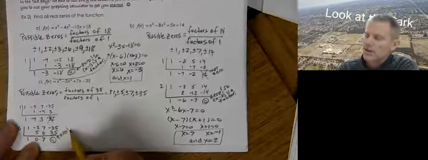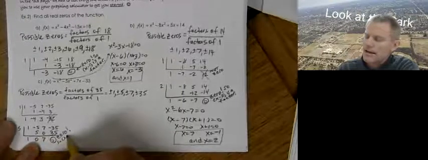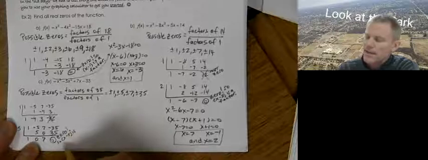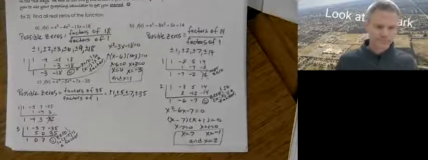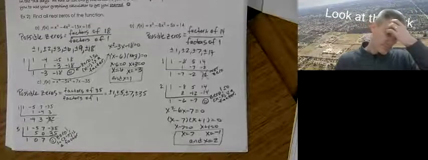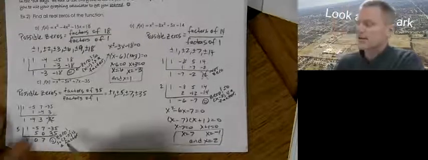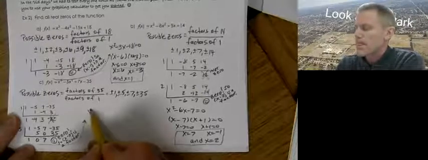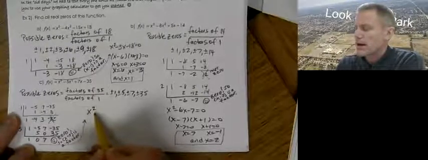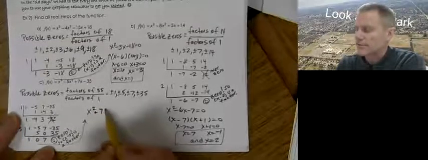So I have 0. So x minus 5 is a factor. If that's a factor, then we're going to bring this guy up, x squared plus 0x plus 7.